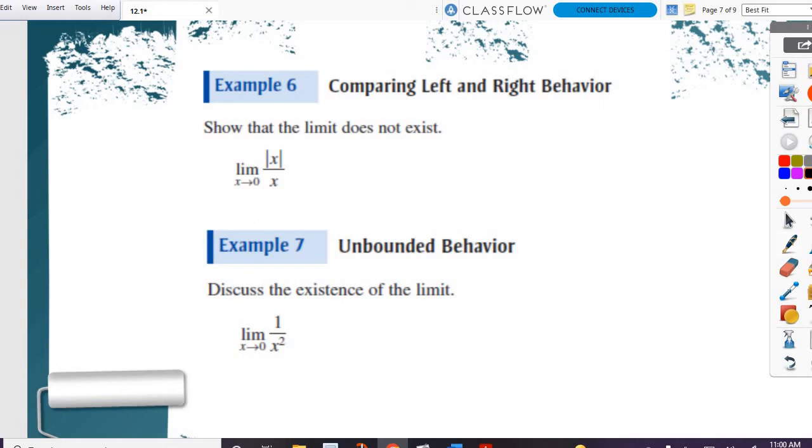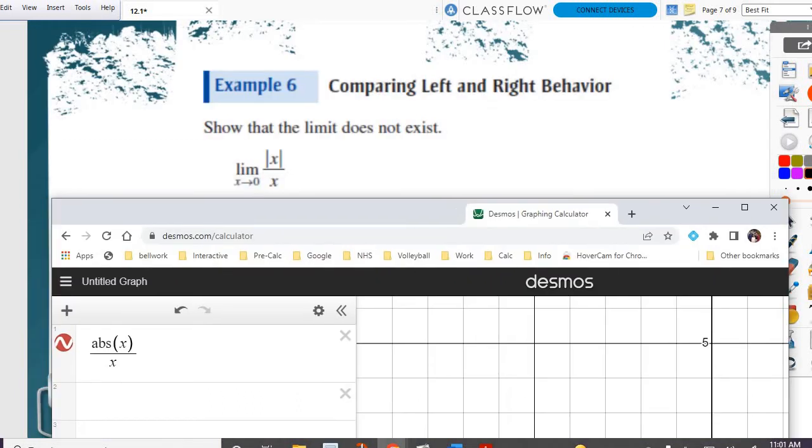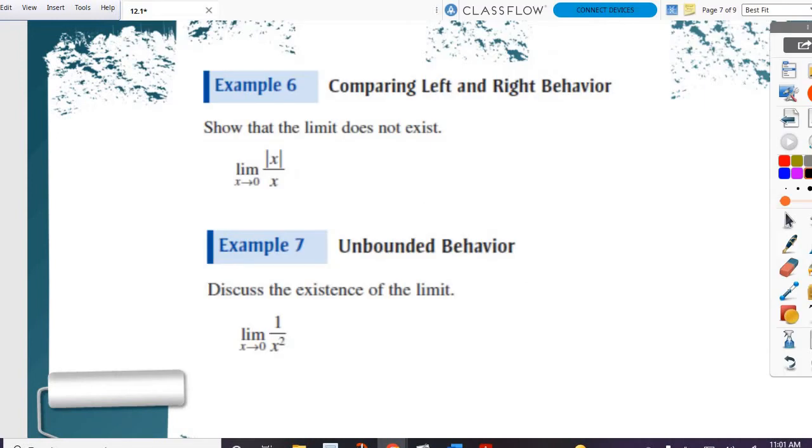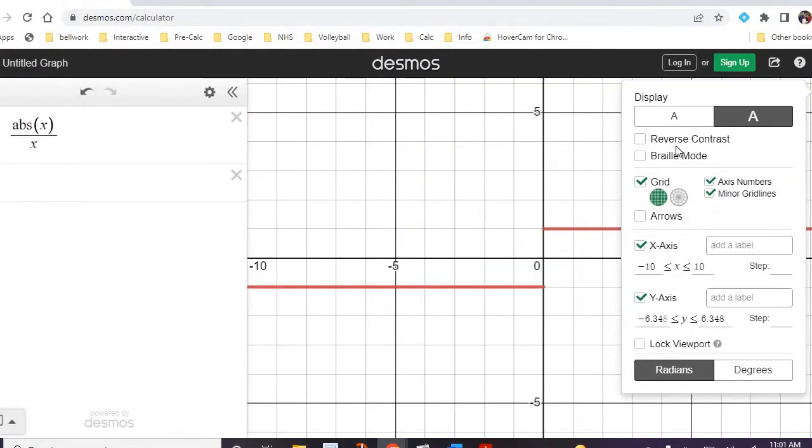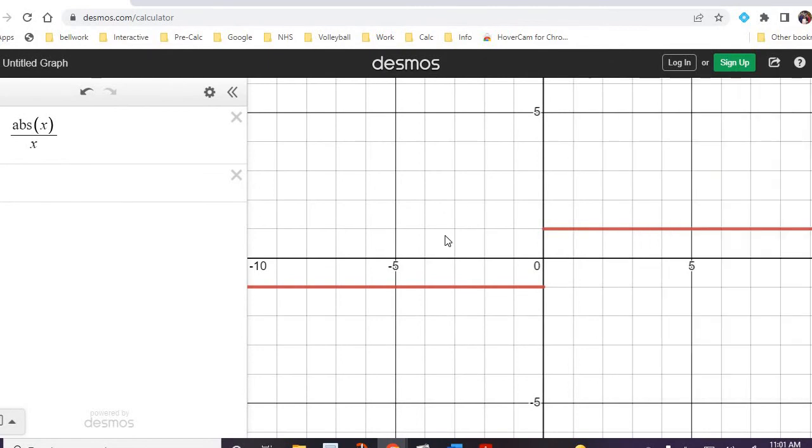So we would break it apart into two separate expressions. Negative x divided by x would give us what? Negative 1. And then x divided by x would give us positive 1. And it's going to change at our axis. So this is what our graph looks like.